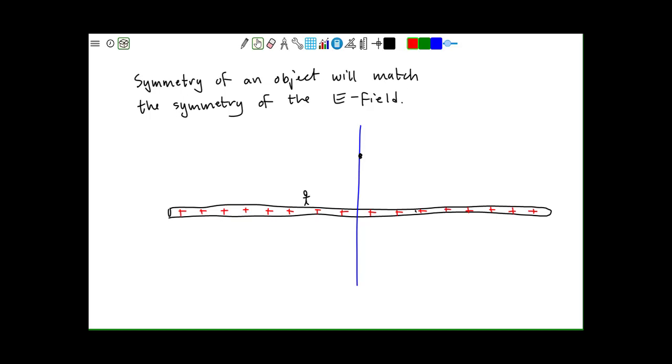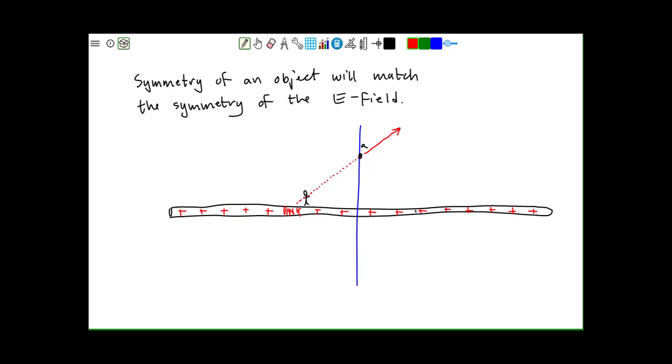If we pick a representative charge element, let's say we pick a charge element that is right here, and we look at the electric field at the point that I will label point A, we know that the electric field will be in a line directed straight away from the representative charge element.